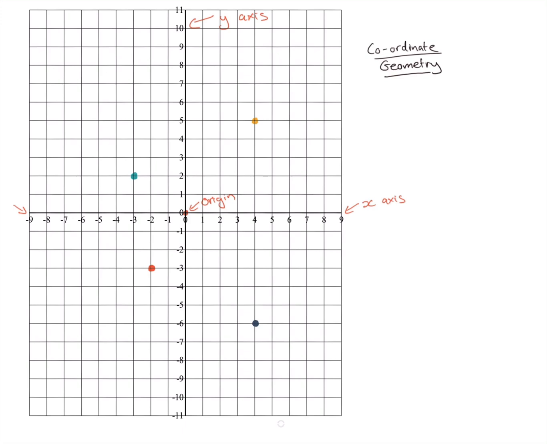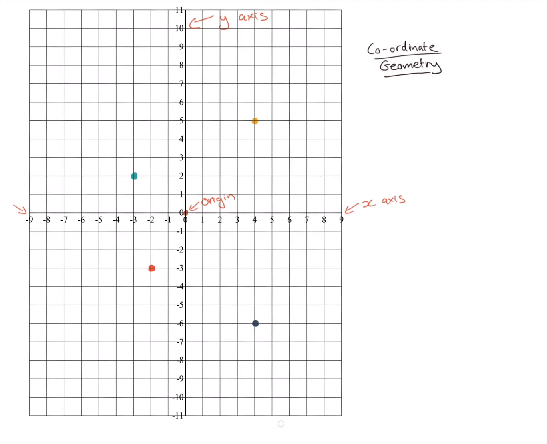We need to say this dot is at such and such a place. We can't just say the dot is at the top right, or the left, or bottom left, or bottom right. We can't say that because it's not specific enough. We need to be specific and detailed. We need to tell the person exactly where the dot is.